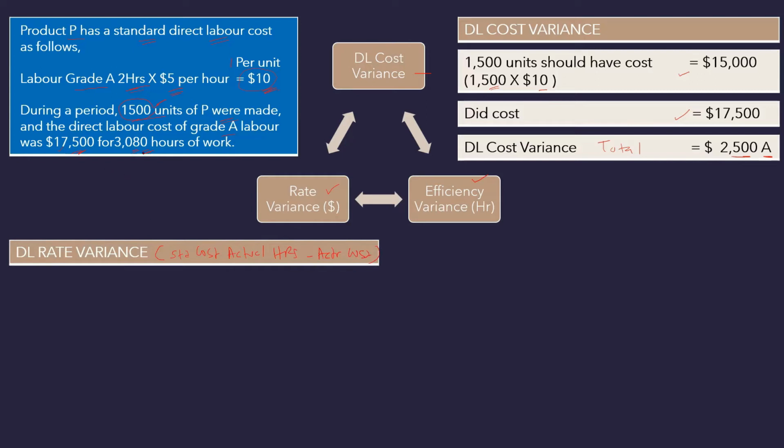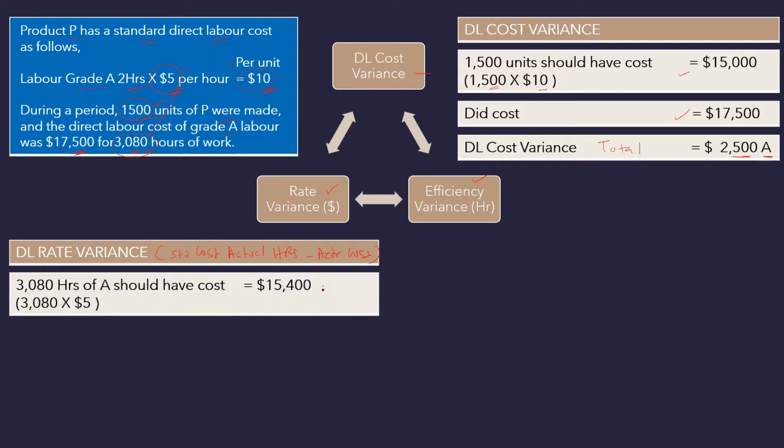Now, how many hours were actually used? 3,080 hours were used to produce 1,500 units. So basically, you used 3,080 hours at 17,500. If you had used the plan cost, the plan cost was $5 per hour. If you had used $5 per hour to produce 3,080 hours, how much should you have spent?